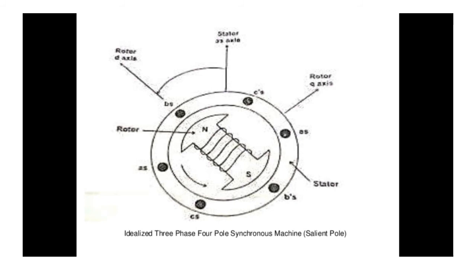By using silicon steel we can reduce the hysteresis loss, and by using laminated stampings we can minimize the eddy current loss. Here, salient pole rotors are used, having N and S poles.